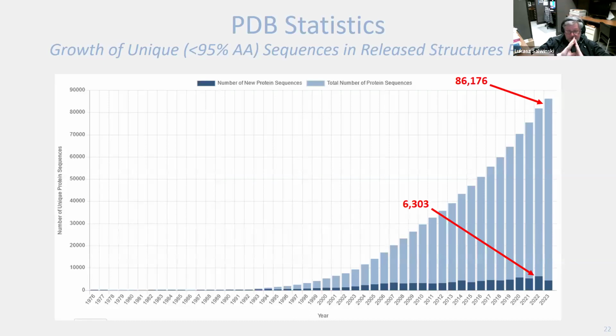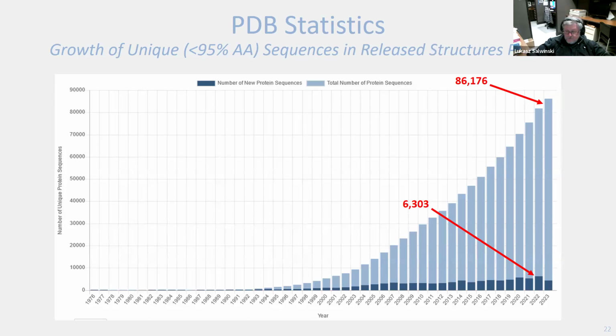Now, the problem is we need predictions because we can't cope with the sheer number of sequences that are coming in. It's much easier to sequence genomes than to determine structures. This is reflected by how fast the databases are growing.